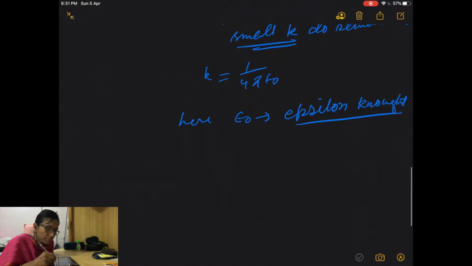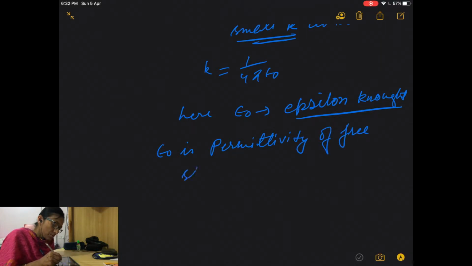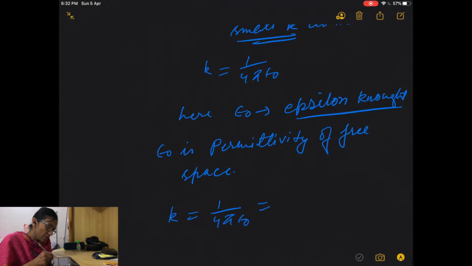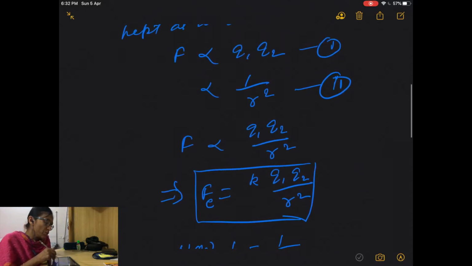Epsilon naught is the permittivity of free space. Now its value is nearly equal to 9 into 10 power 9. Okay, and its unit you can take from here.